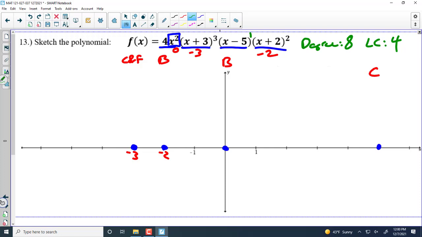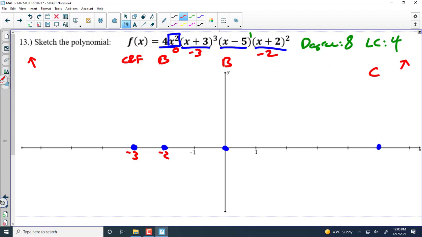All right, let's think about this, because we need to remember what the end behavior is going to be. This thing is even degree. Aren't parabolas also even degree? And they either go up on both sides or down on both sides if it's even degree. So this thing's going to do the same thing on both sides. And if it's positive, what do you think? Up or down? Up.